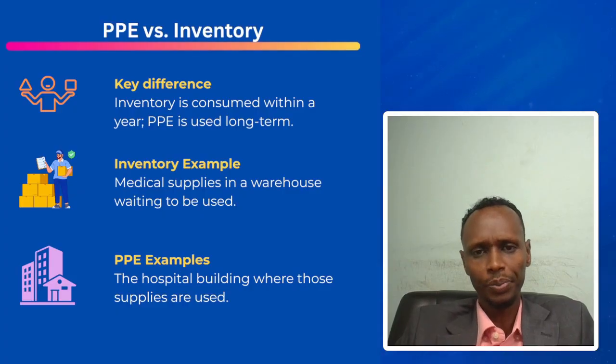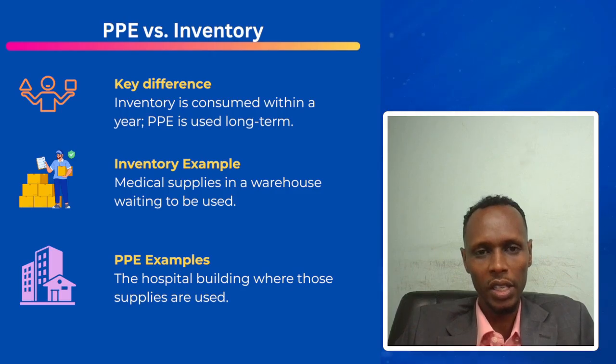PPE versus inventory. We know one of the most important steps is to correctly identify what is PPE. So this PPE, how is it then different from inventory? The key difference is consumption versus long-term use. Inventory includes items that are used up quickly, usually within a year.